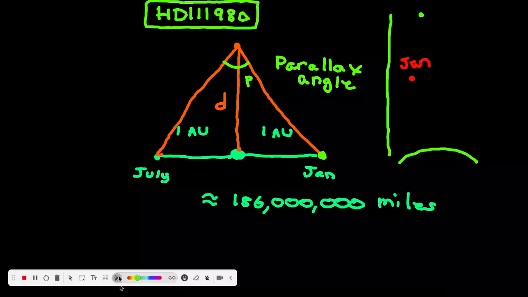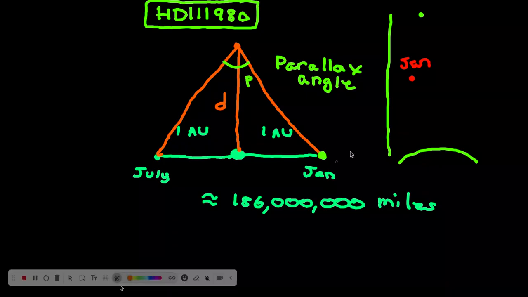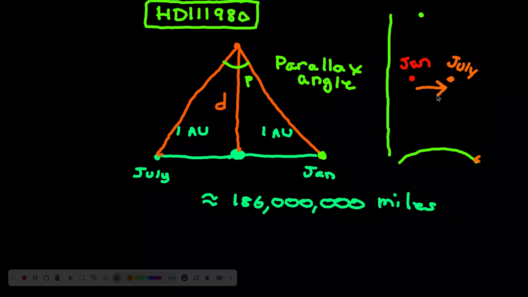And it doesn't move. So then in July, when we're looking, let's say we're looking over here now. So let's say it shifted a little. It shifted here, let's say. Let's just say it's shifted there. So as you can see, here's the shift. And that shift creates that parallax angle right over here.